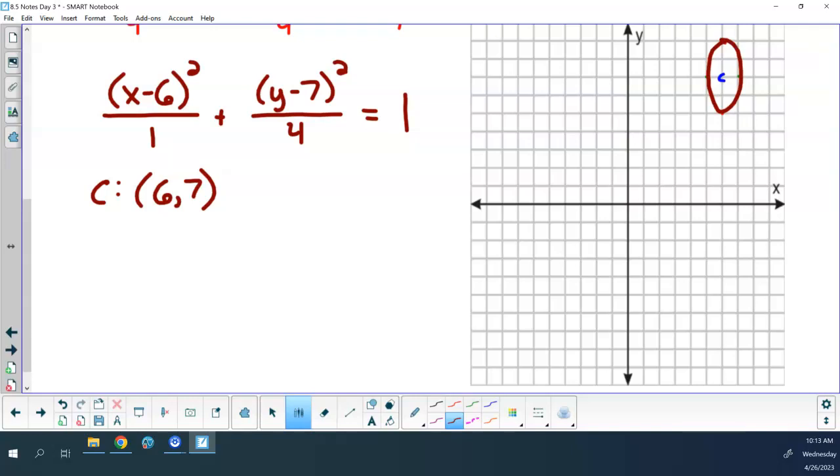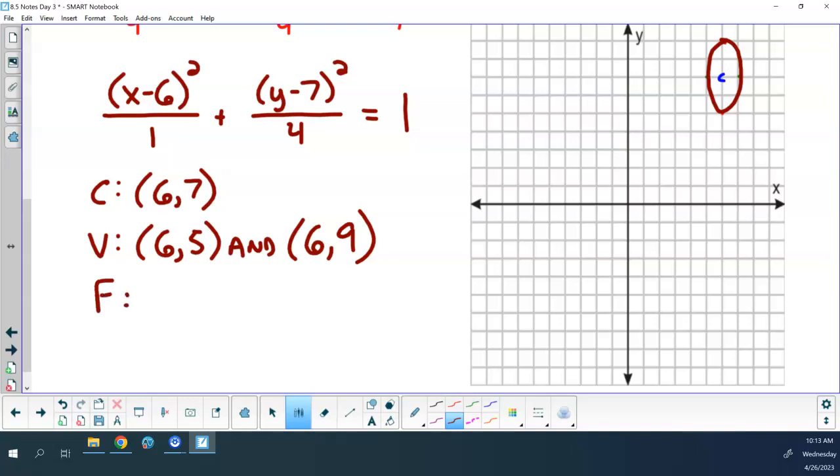What else can you tell me now? Where are the vertices? What else can you tell me about it? What are the foci? So it's what? 6 comma.